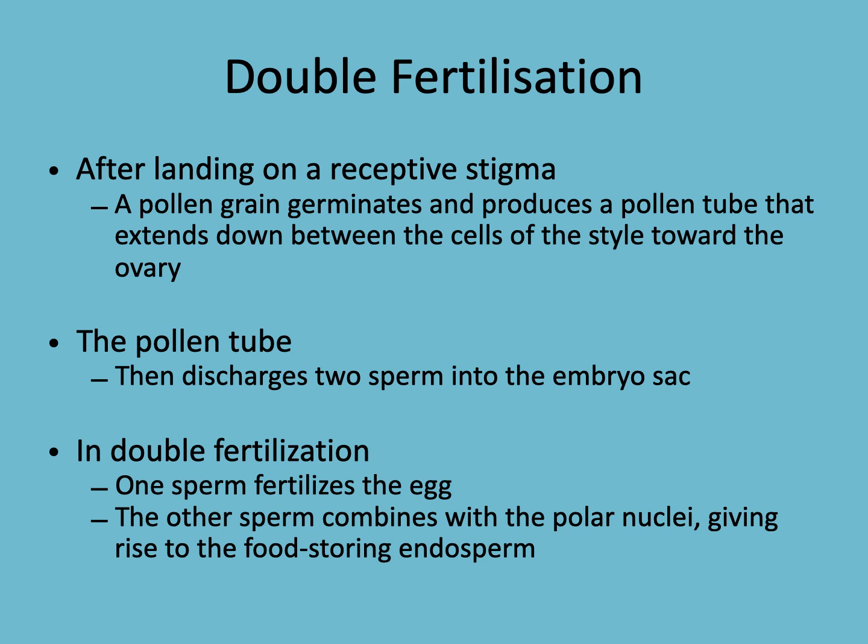Now, double fertilization. After landing on a receptive stigma, a pollen grain germinates and produces a pollen tube that extends down between the cells of the style toward the ovary. The pollen tube then will discharge 2 sperm into the embryo sac.